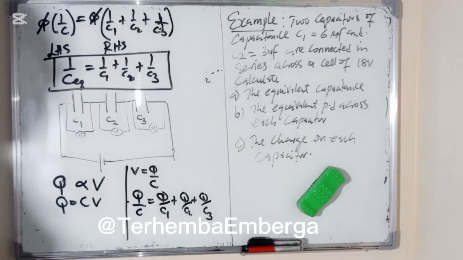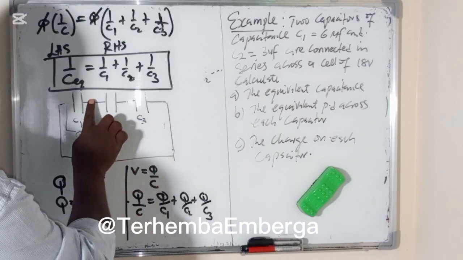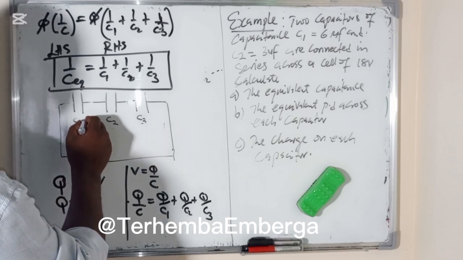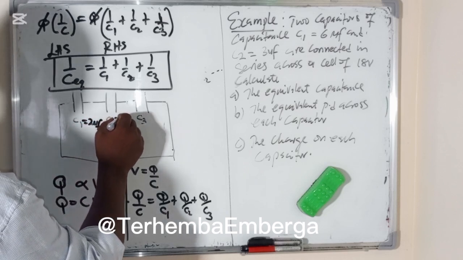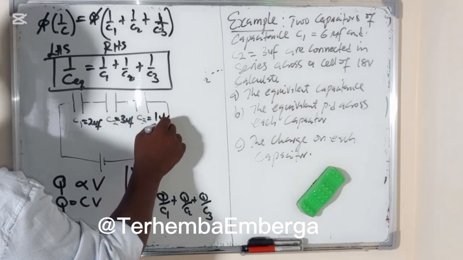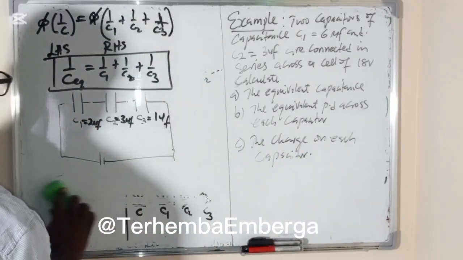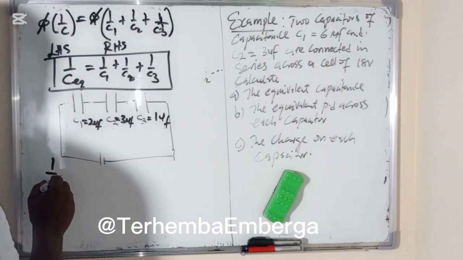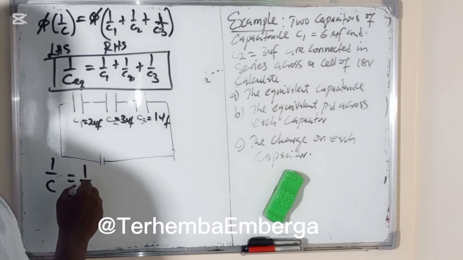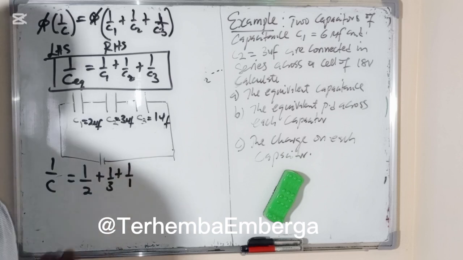For example, if the value of C1 is 2 microfarads, C2 is 3 microfarads, and C3 is 1 microfarad, and you want to know the effective or total capacitance, you simply deploy this formula: 1 over C equals 1 over 2 plus 1 over 3 plus 1 over 1.